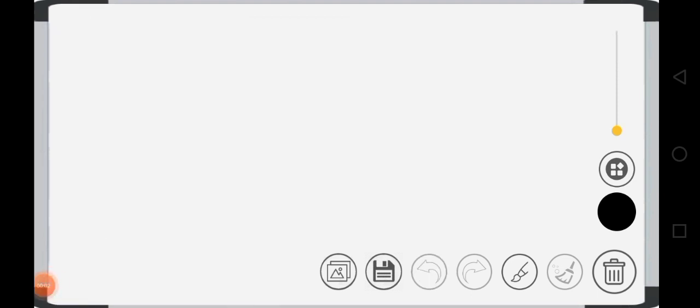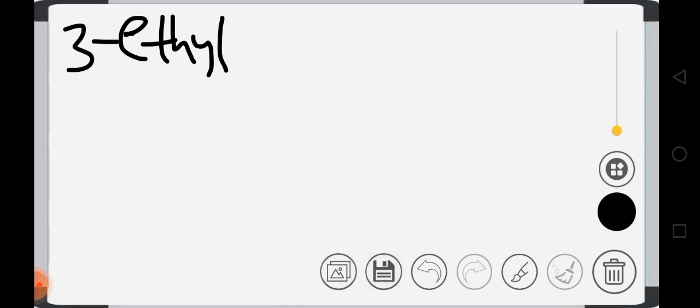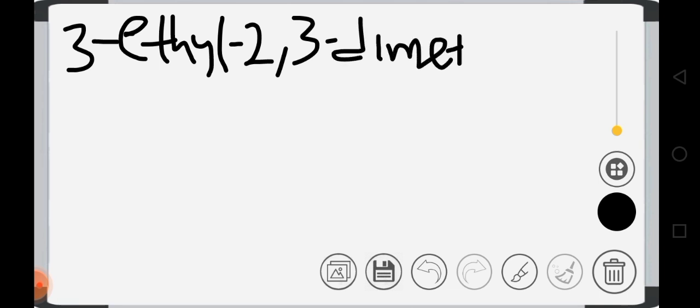Now let's look at this second question. You have 3 ethyl, 2,3 dimethyl heptane.